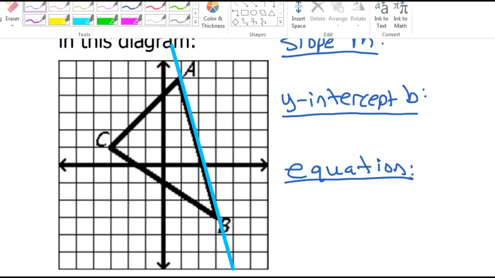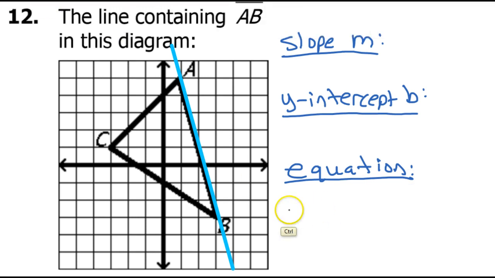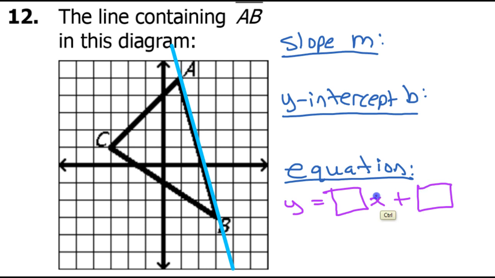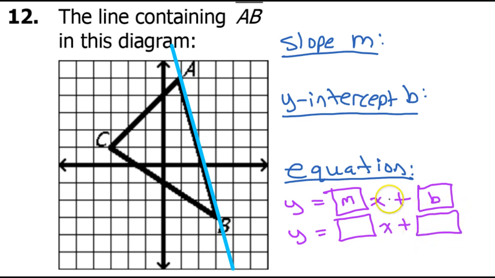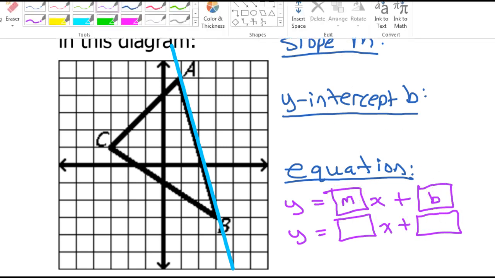And of course the equation is going to be in the form y equals something x plus something, where this is going to be the m and this is going to be the b. So we're just going to get ready for that. All we need is the slope and the y-intercept, and we are good.